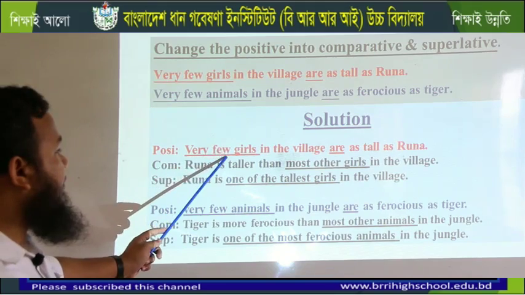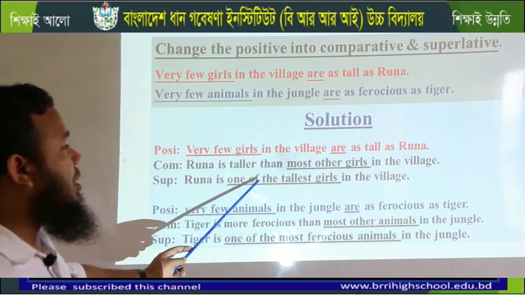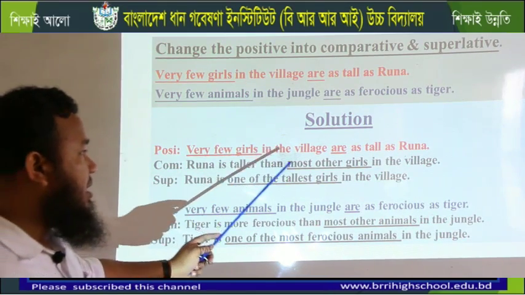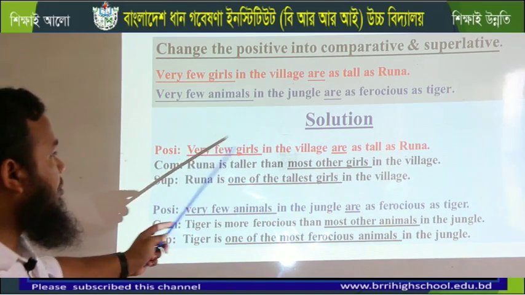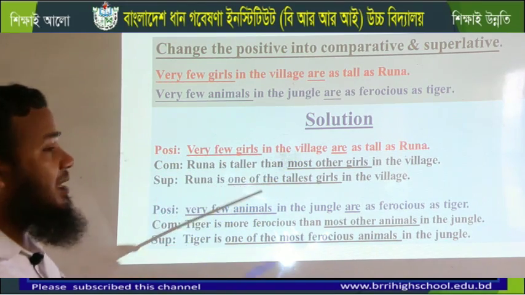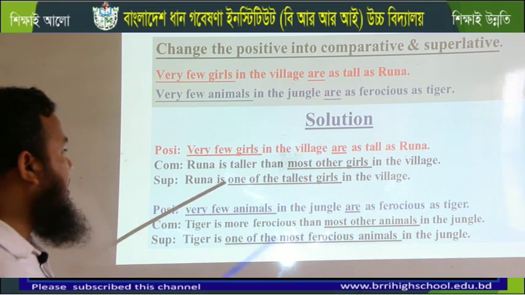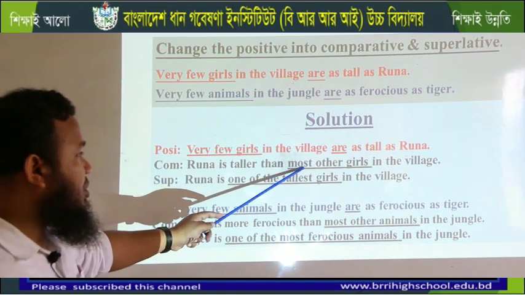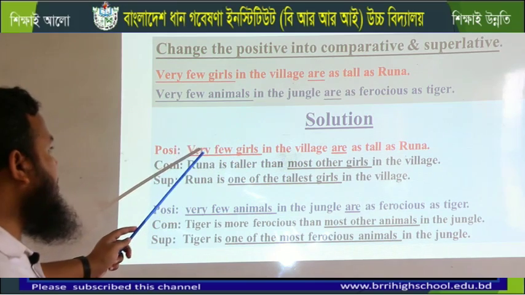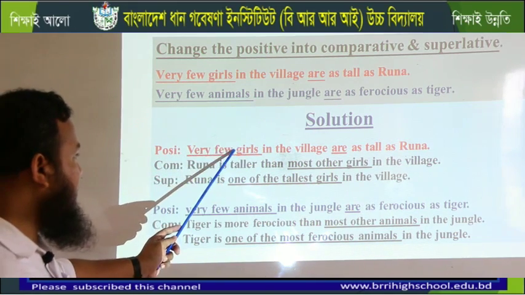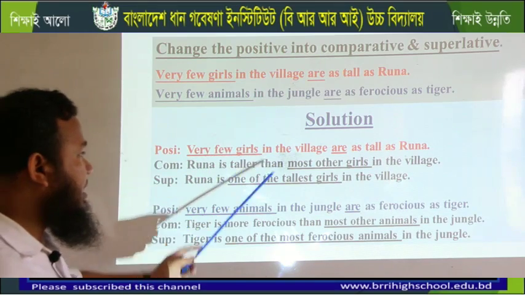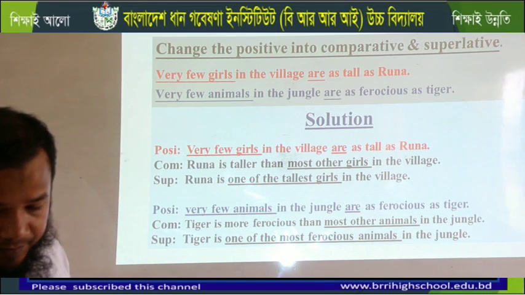Again, if we use very few in superlative form, we have to use one of the, what we have done already. So you have to understand that very few, most other and one of the are related to each other. In the case of one of the, we use most other. In the case of most other, we will use very few whenever we transform them into positive degree. So these three things are related to one another.